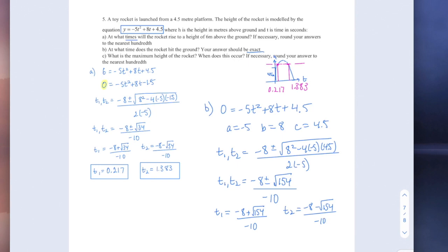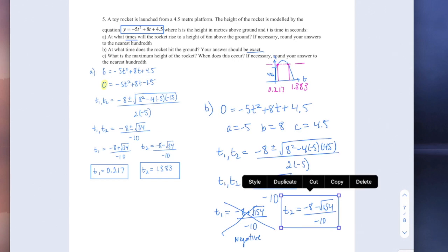Now if I look at this, I can see that T1 doesn't work because T1 is going to give me an overall negative answer, and I know that time can't be negative. Whereas T2, if I evaluate this, the overall value will be positive. So this is my final answer for part B.